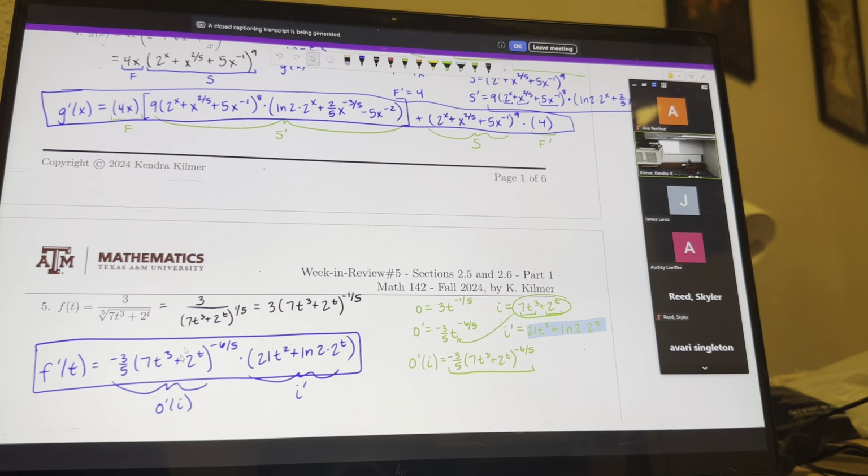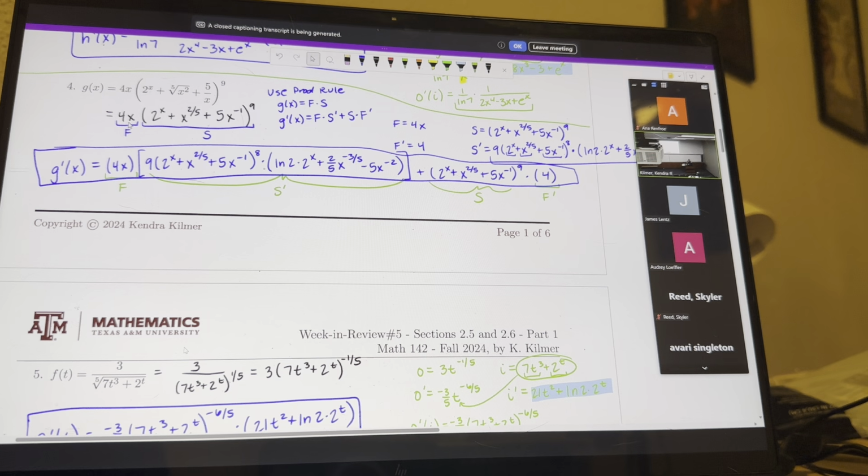Okay, so I think I might be understanding, but I may not. So this 4x right here is staying there because my big picture on number 4 is the product rule, right? And so the starting point on number 4 is the product rule. And so we know to find the derivative of a product, we have to do this.